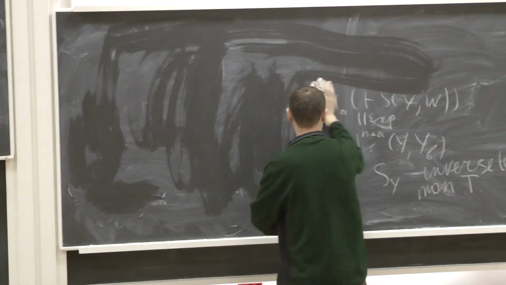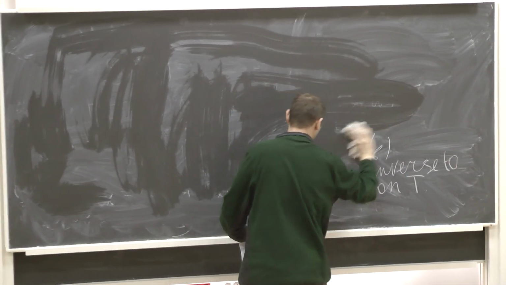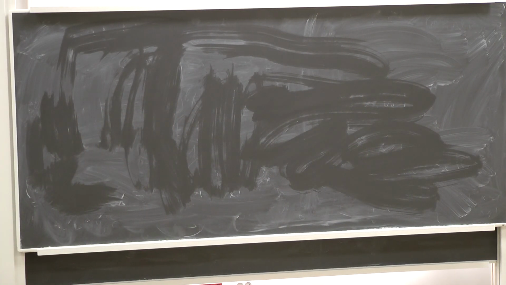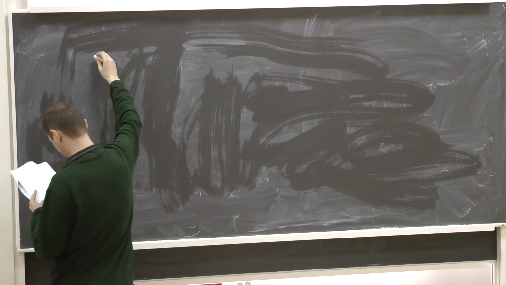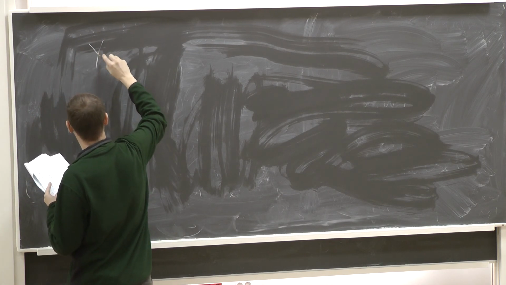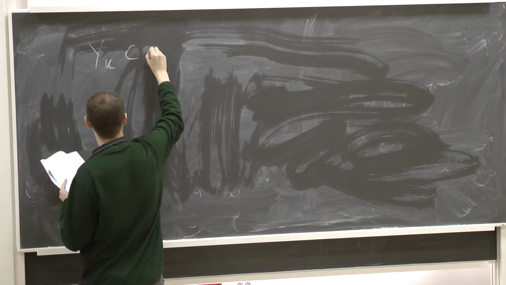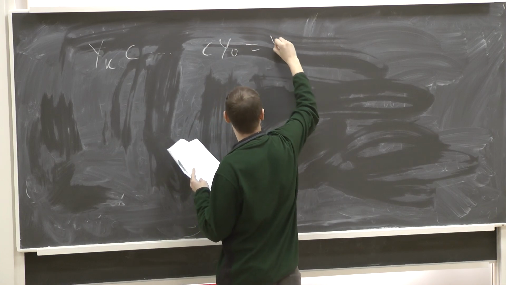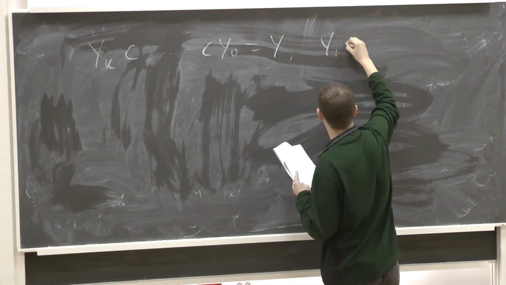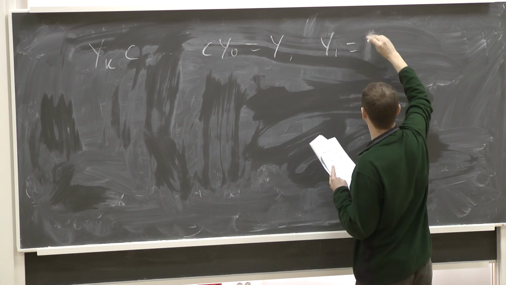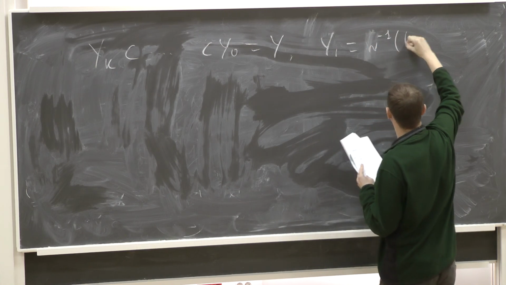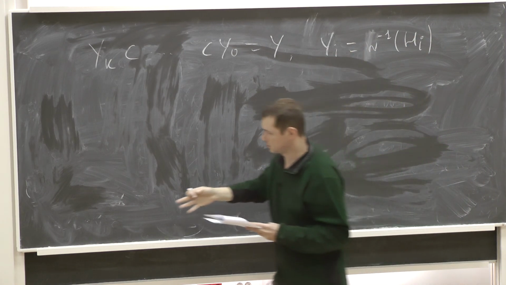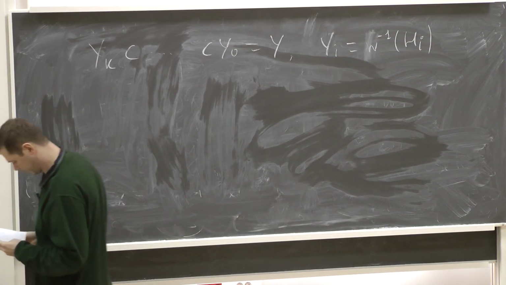Then we have a filtration of cohomology on our Landau-Ginzburg model Y, given by the following. We have a stratification of Y_0 equals Y, where Y_i is the preimage, so it's W minus 1 of H_i. We just consider fibers over this flag.